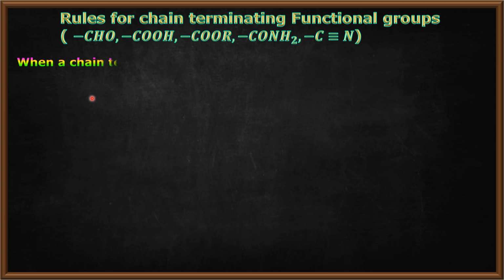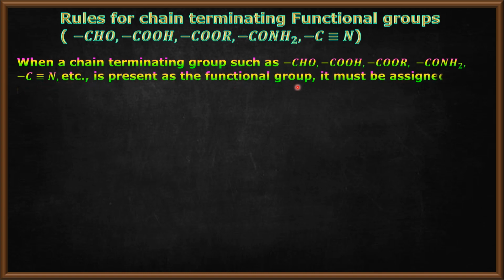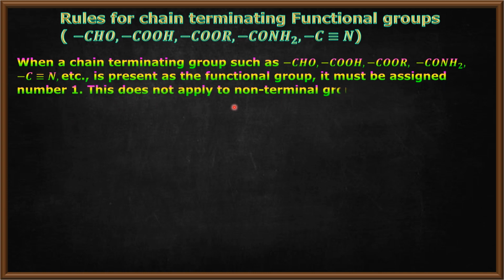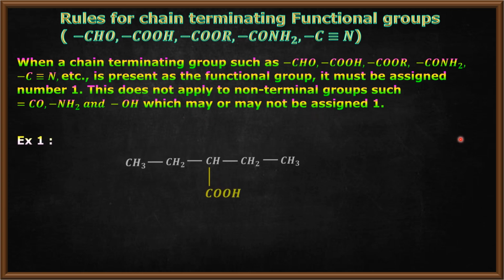See here, when a chain terminating group such as CHO, COOH, COR, CONH2, C triple bond N, etc. is present as a functional group, it must be assigned number 1. This does not apply to non-terminal groups such as the ketone group, NH2 and OH, which may or may not be assigned 1. Example you can see here.